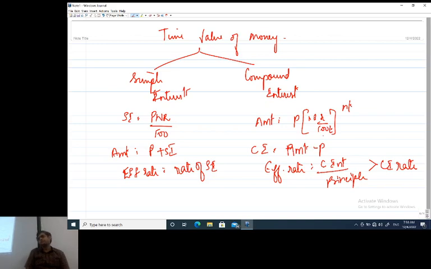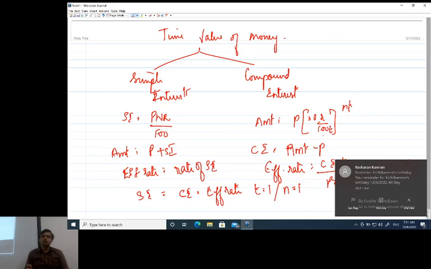Okay, the next property that you need to remember, simple interest is equal to compound interest. This is equal to effective rate of interest when T is equal to 1 or N is equal to 1, for the first term of compounding.